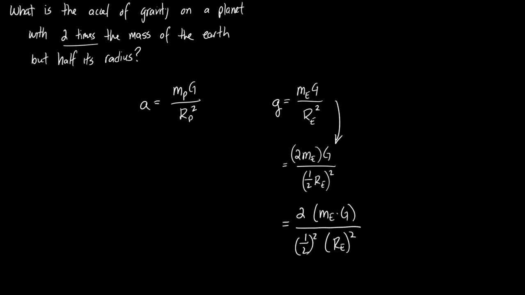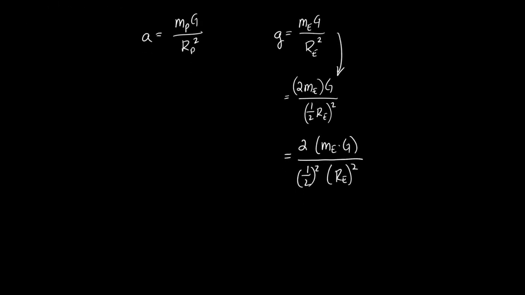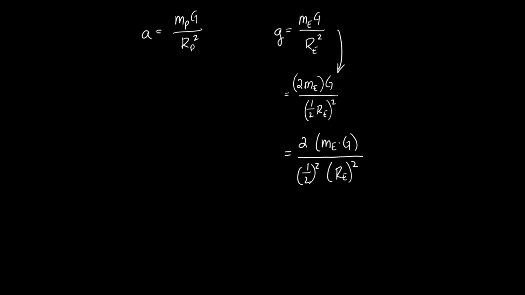So I'm separating the numbers from the constants. Over here I have MEG over RE squared. I pulled that out. Here I have 2 divided by 1/4, which by the way is 8.